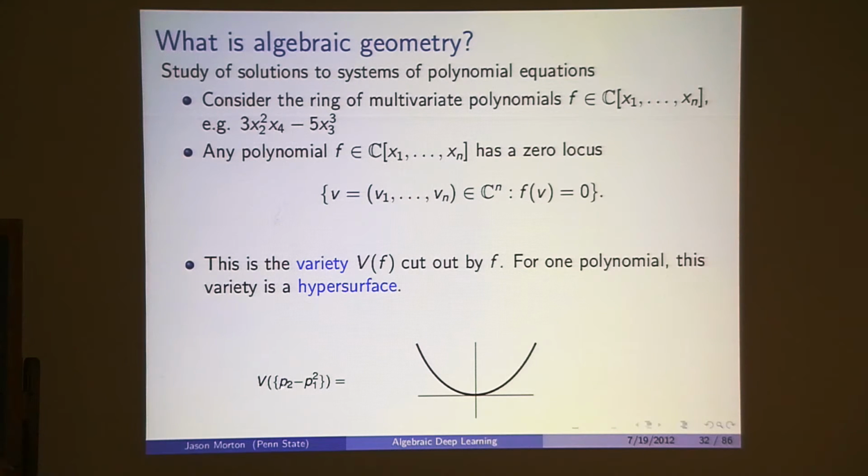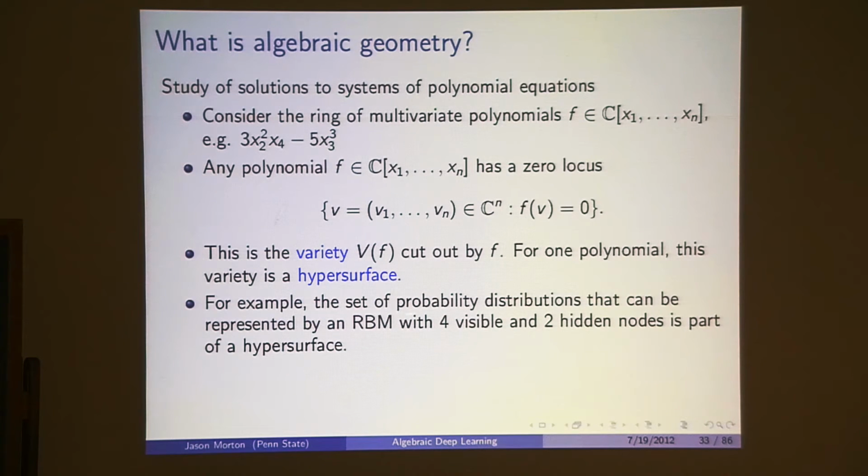I have two variables, p1 and p2, and I can take the variety of p2 minus p1 squared, and the real part of it is going to be a parabola. This is a hypersurface, meaning it has codimension one, one dimension less than the ambient space.